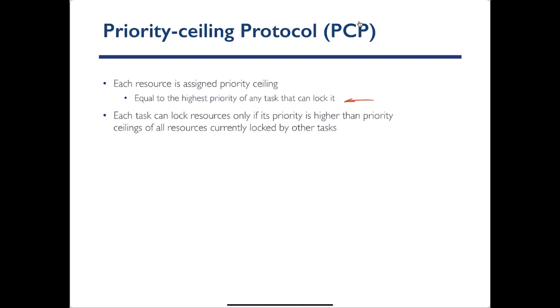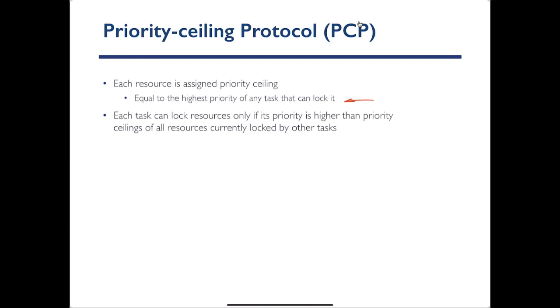Now, each task can only lock resources that have a priority ceiling that is less than the priority of the task. So if a task with priority low tries to lock a resource with priority ceiling M, then it can't do it.